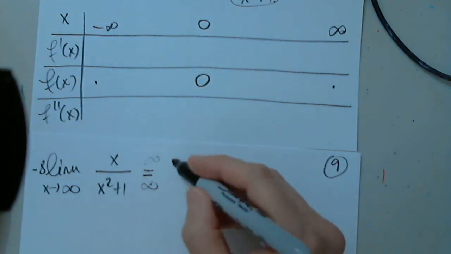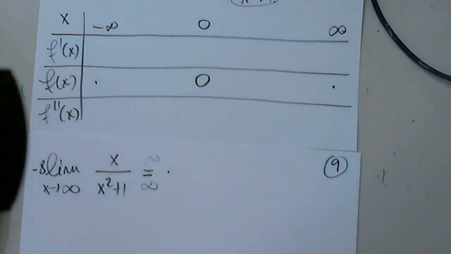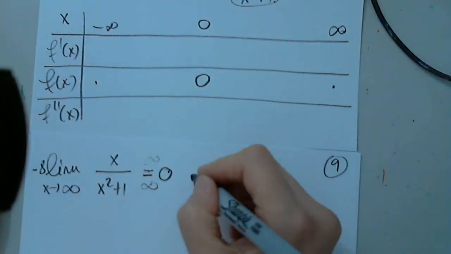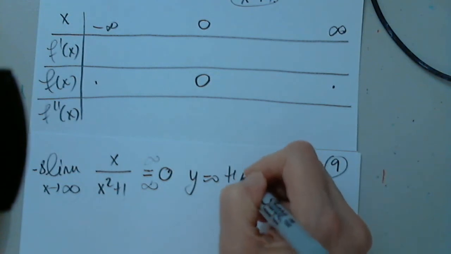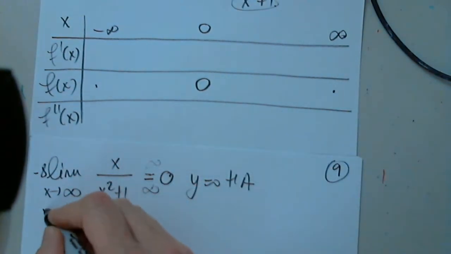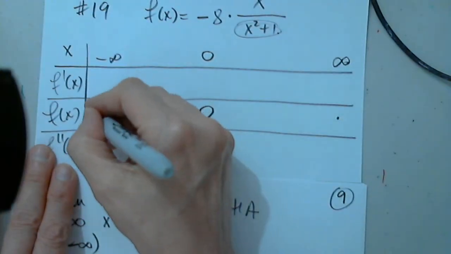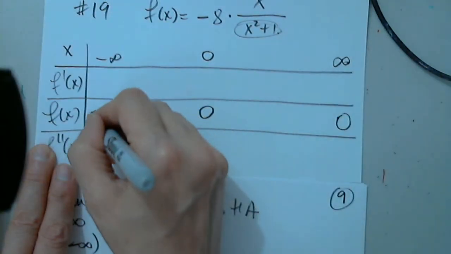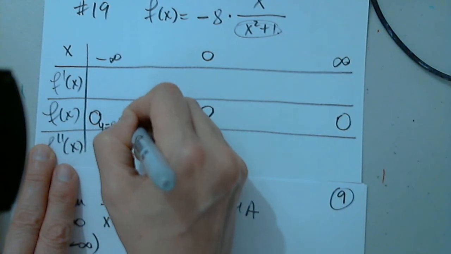So then what is the limit? Zero. Very good. The limit is indeed 0. So y equals 0 is a horizontal asymptote. I don't have to write the next one because it's the same thing. So 0 here, 0 here. I make myself a note. Y equals 0, horizontal asymptote.